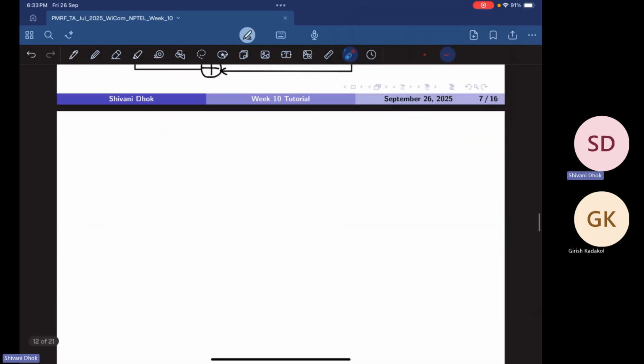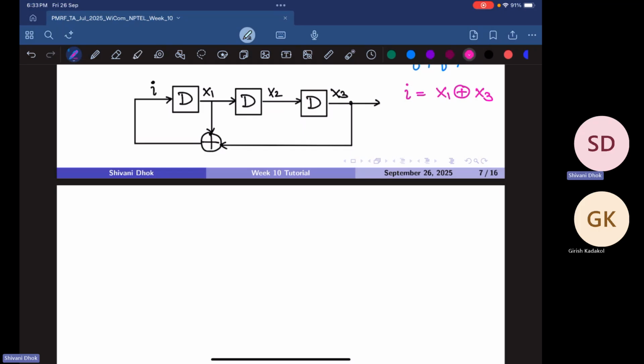So now let us try to construct what we have. This is our output: x1, x2, x3, and I, where I is x1 XOR x3.